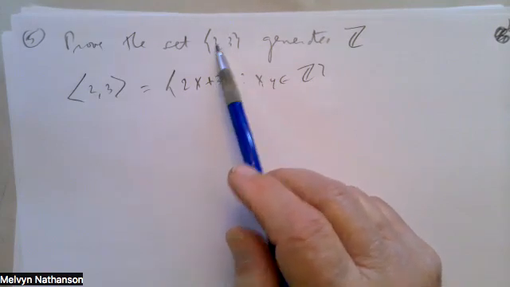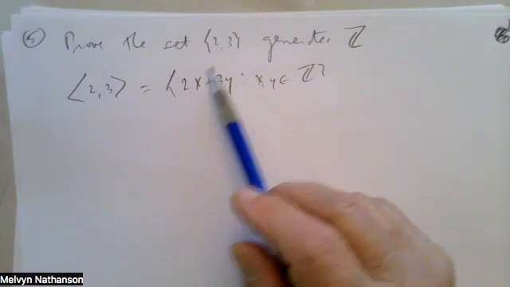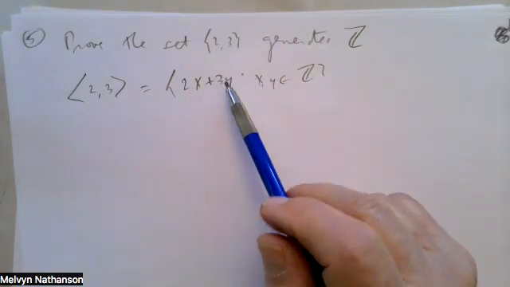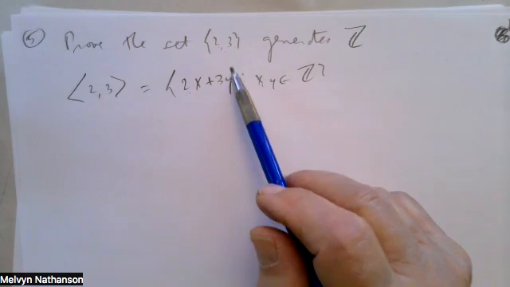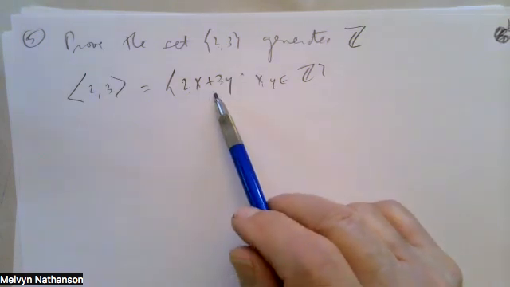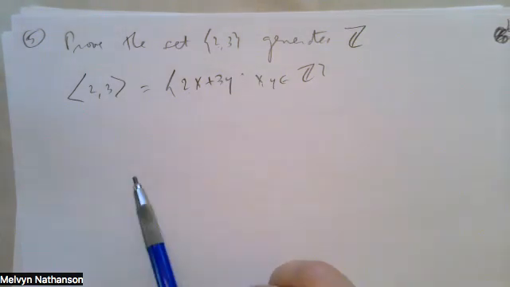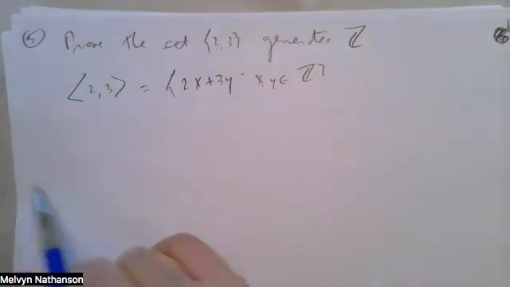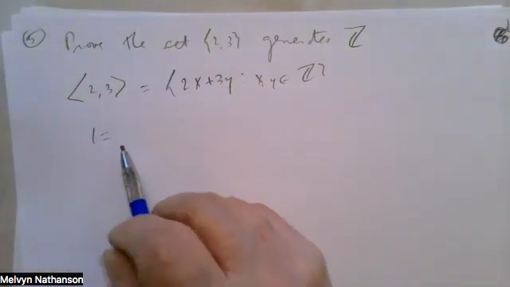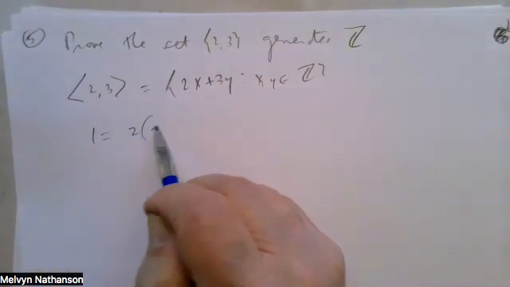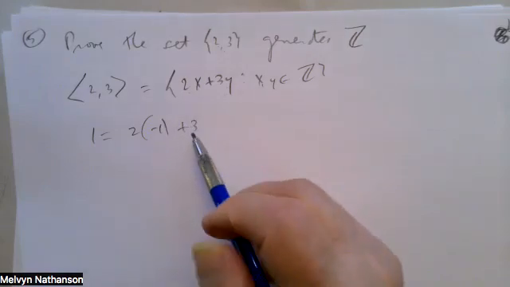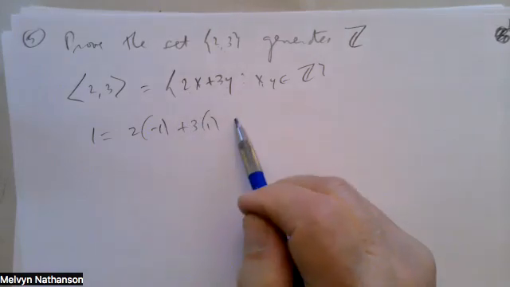If it contains 2, it contains all multiples of 2. If it contains 3, it contains all multiples of 3. It's closed under addition, so it contains all sums of multiples of 2 and 3. And you can notice that 1, for example, is 2 times minus 1 plus 3 times 1.